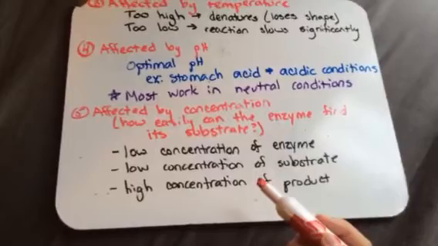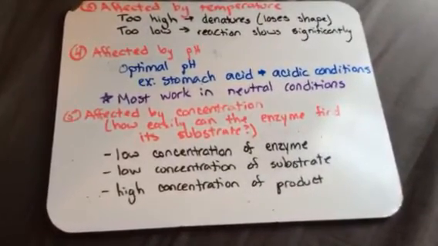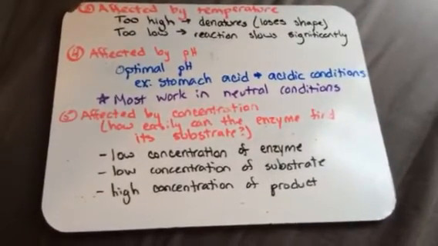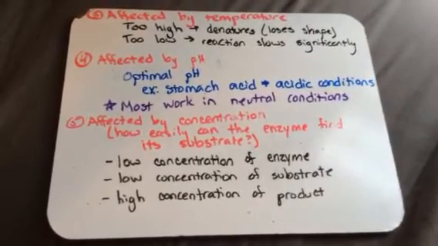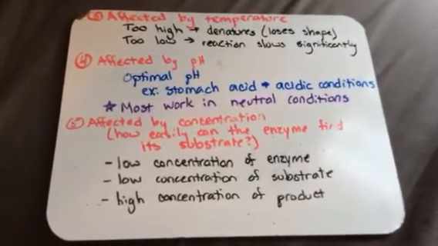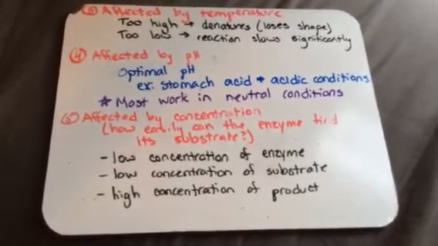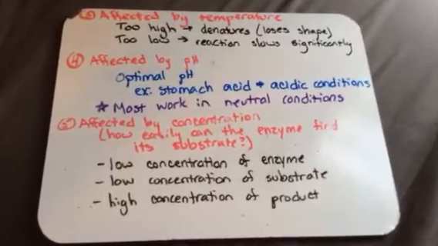And high concentration of product. This is the interesting one. If you think about the fact that when an enzyme works, it is creating some kind of product, and that product will still be around in the solution or wherever it's working. That product will start to get in the way of it finding its substrate.